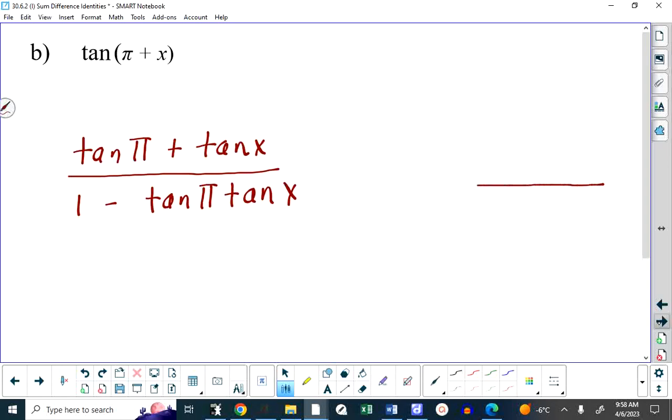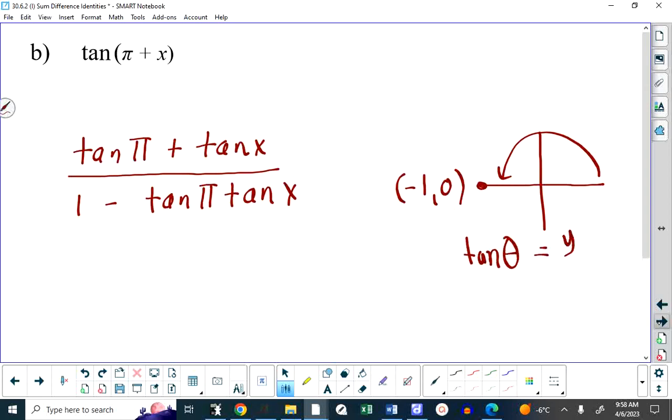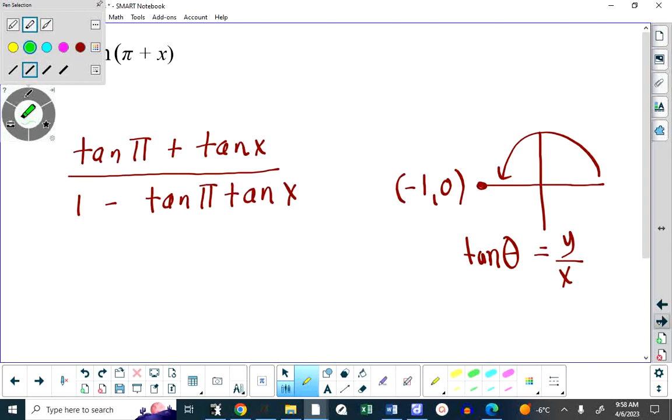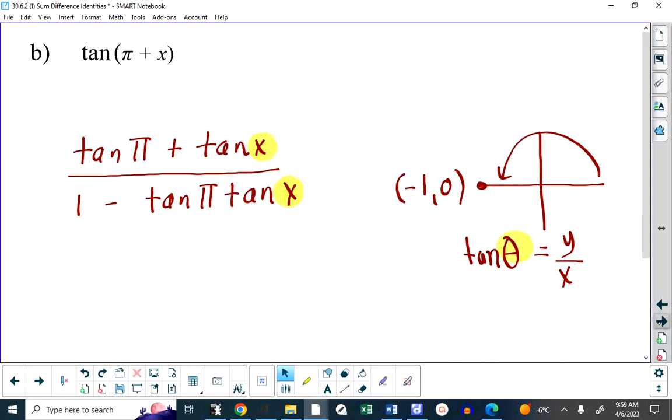Well, pi on the unit circle is here, and the coordinates are -1, 0, and tangent of a rotation angle is y over x. I feel as though I have to say this, and we're going to have this problem in the very next example as well, that this x here and this x here, it's the rotation angle that it refers to.